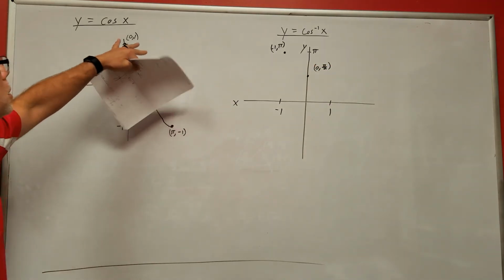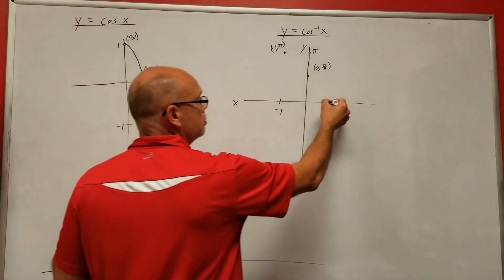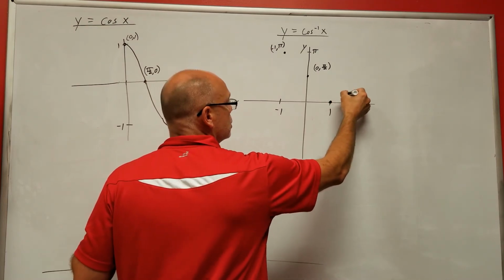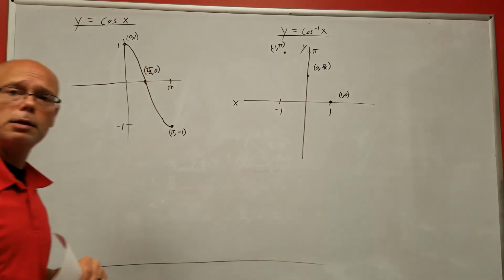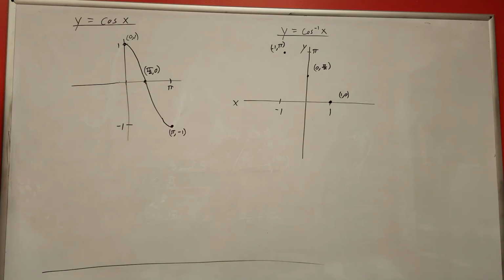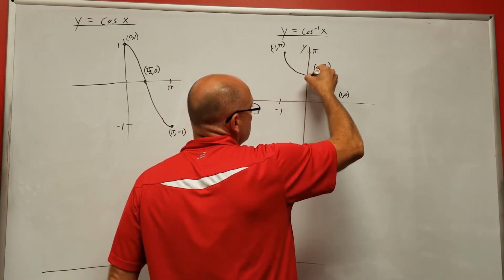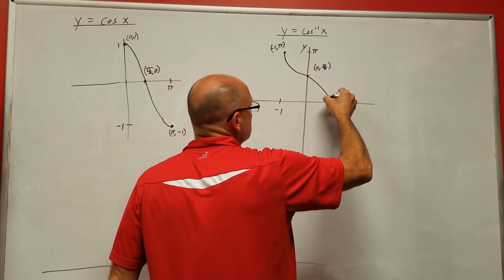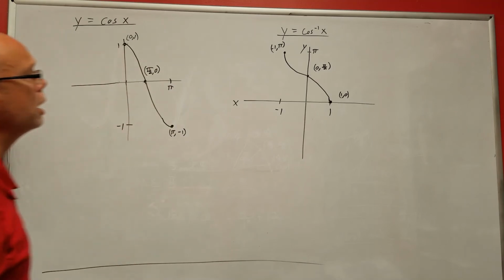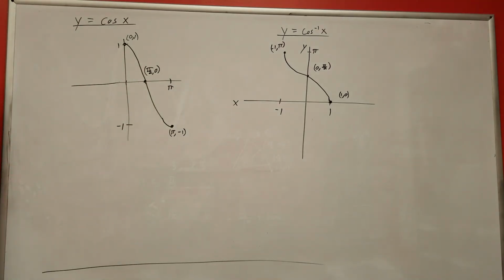And what else? 1 comma 0. 1 comma 0. And let's go ahead and draw this with a curve that looks something like this. Okay? Now the big graph of y is equal to the inverse cosine of x.